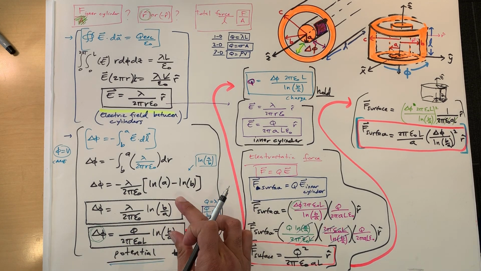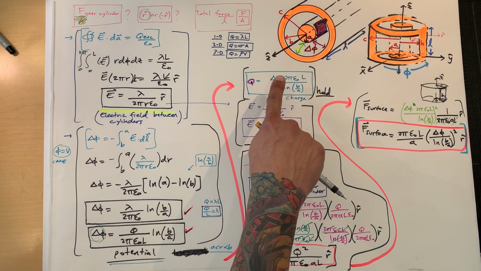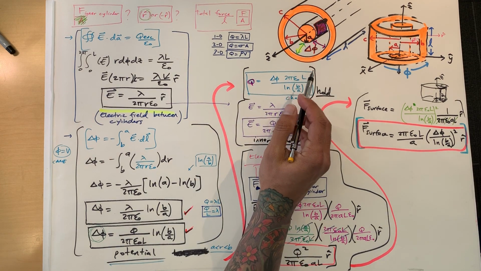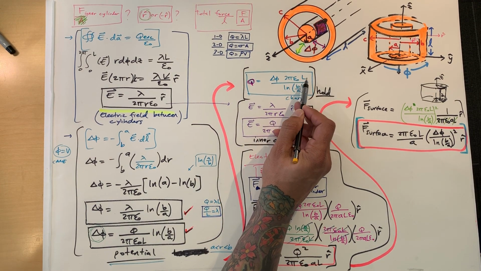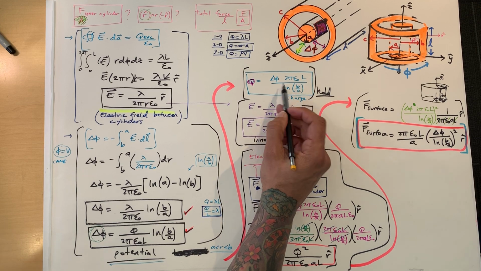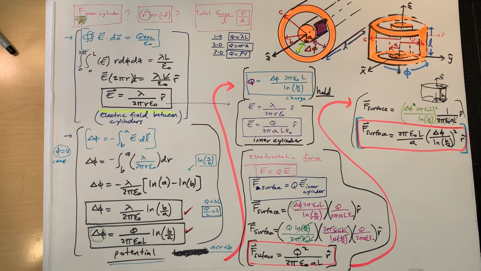So these potentials are fine. The reason that we did this potential is so that we can solve for Q. And so Q is now the potential times 2 pi epsilon naught L over ln B over A.